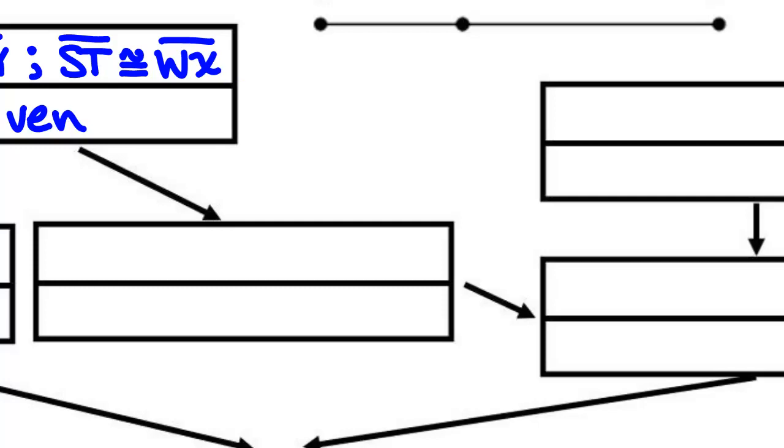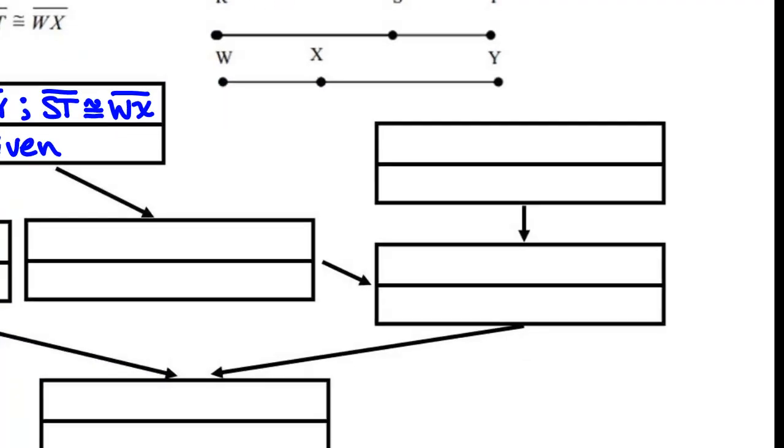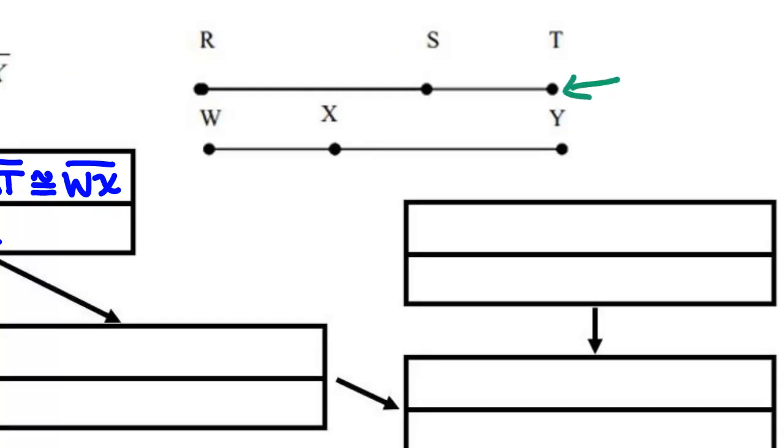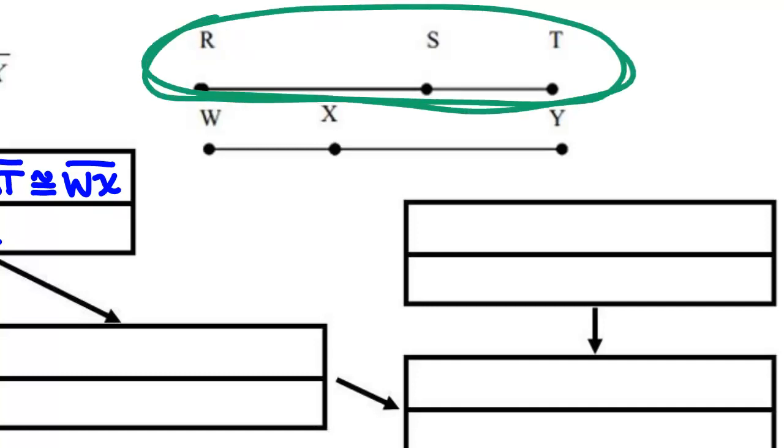Let's see if we can figure out what goes in this other box over here that does not rely on my given information. If I'm not looking at my given information for this, I probably need to be looking at the figure. I've got two different line segments here. Let's look at just the top one for a moment. How many points are on that line segment there? 3.